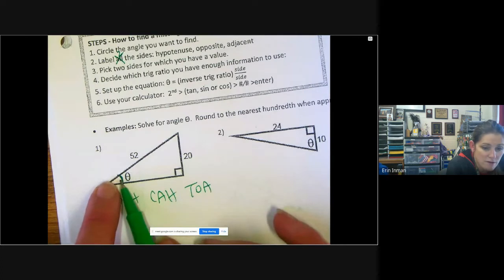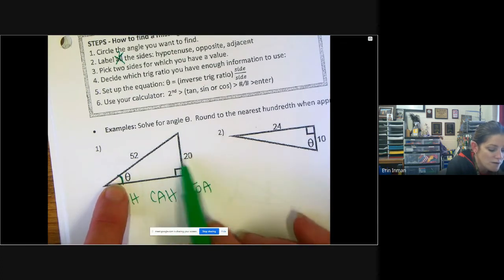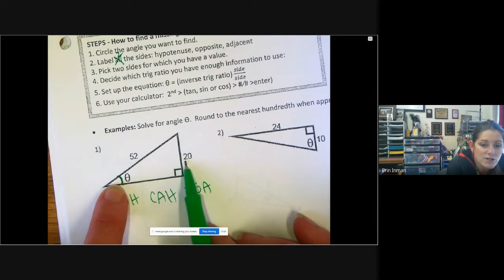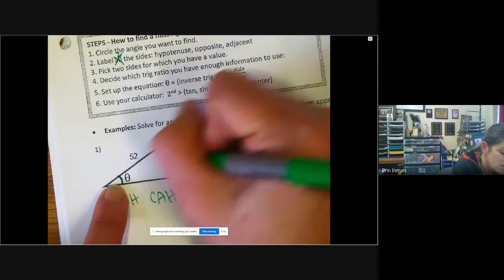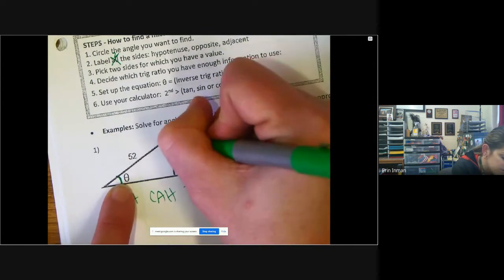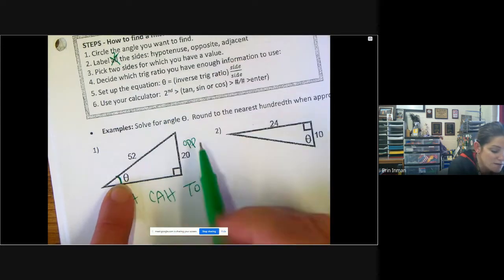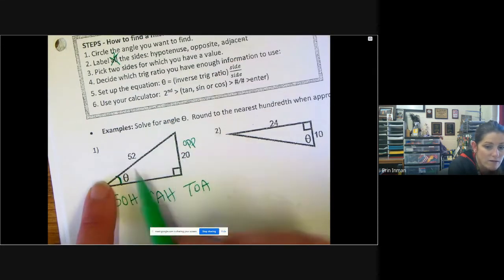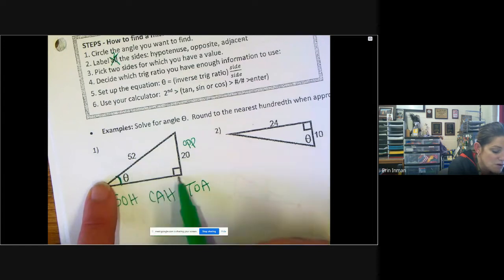So here's my angle that I'm trying to solve for. I look at this side that's labeled 20. I need to determine, is it an opposite leg, adjacent leg, or hypotenuse? Since this one is not touching the angle theta, it is the opposite leg, because it forms that letter L with the right angle. And 52 is across from the right angle.